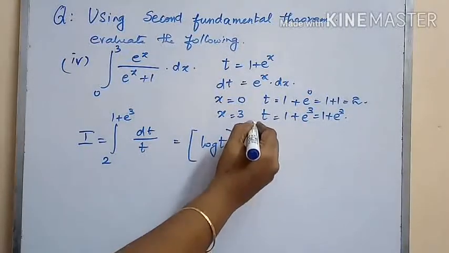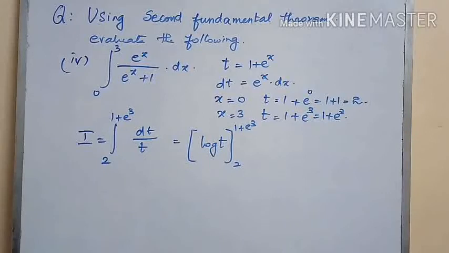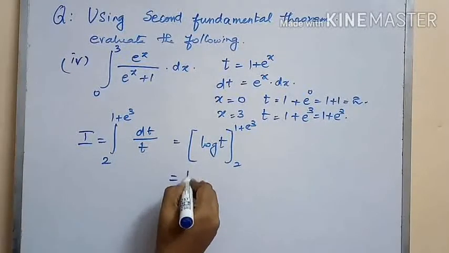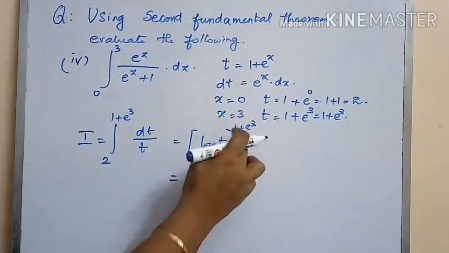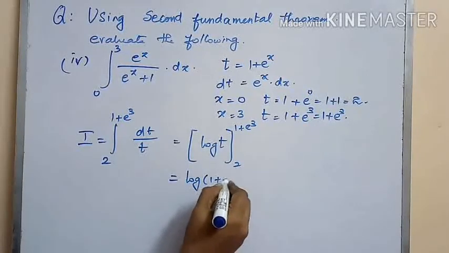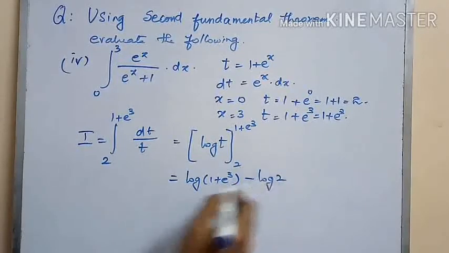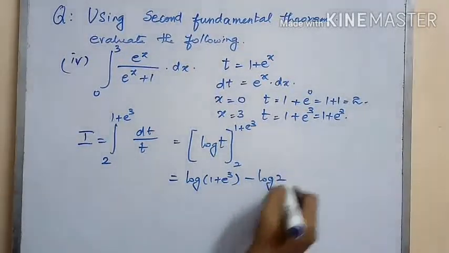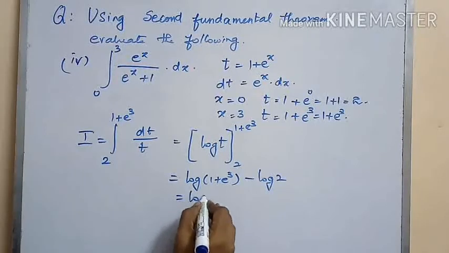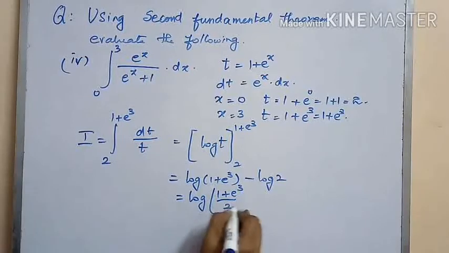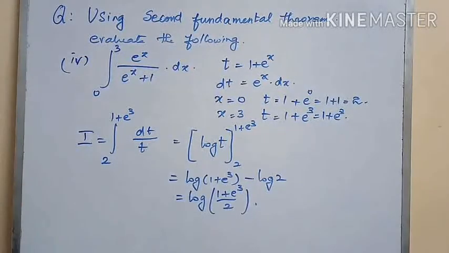The limits are 2 to 1 plus e cube. Substituting the upper limit, we get log of 1 plus e cube minus log 2. So we get log of 1 plus e cube by 2. So this is your answer.